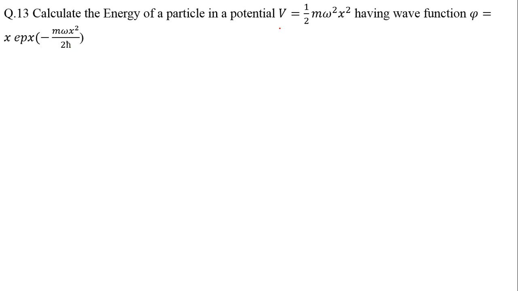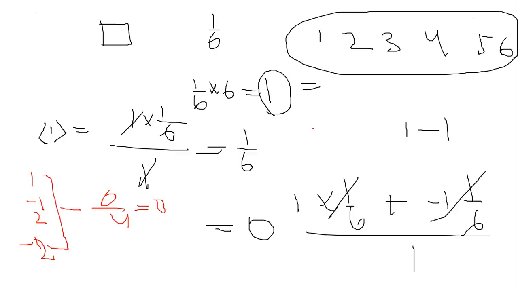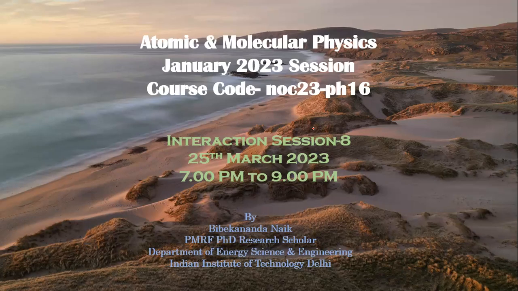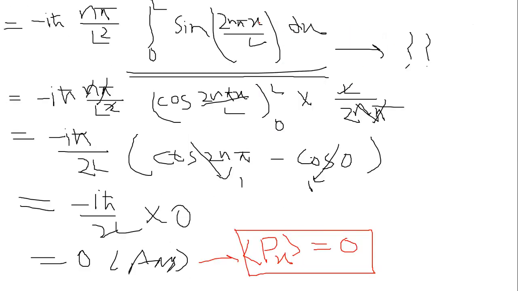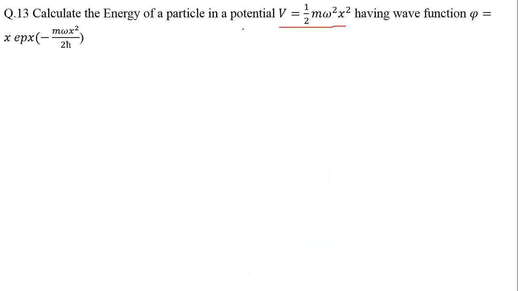In the first case, we calculated the energy of the particle. Here this H-hat is nothing but the total energy, but there it was a free particle, so we took V equal to 0. Similarly, in this case we have this potential and the wave function of the particle is x exponential minus m omega x square by 2 h cross.